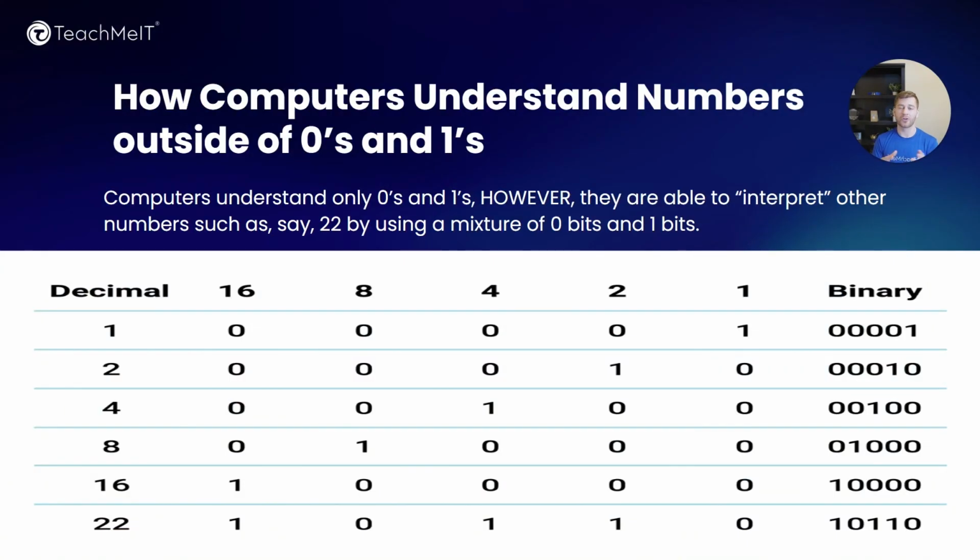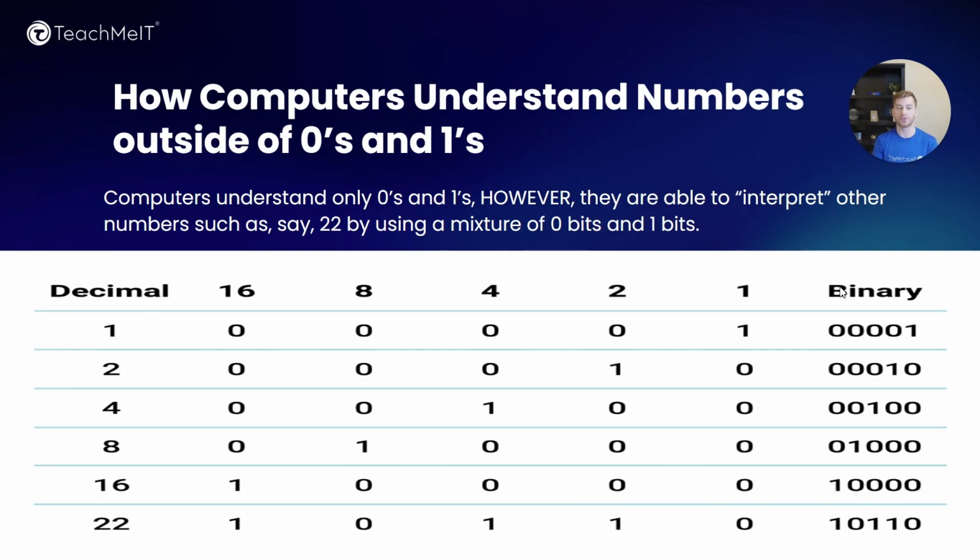So when we enter other numbers, such as the number 22, the computer processes that through zeros and ones. This is what these numbers would look like in binary format, using solely zeros and ones. For example, 2 would be 00010, 8 would be 01000, 16 would be 10000, 22 would be 10110.